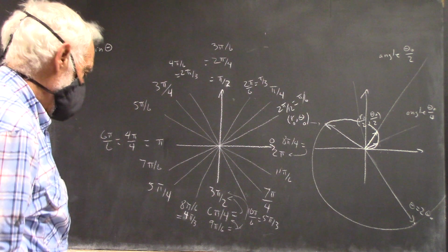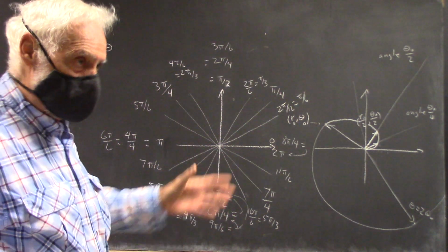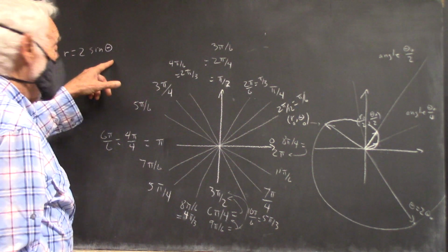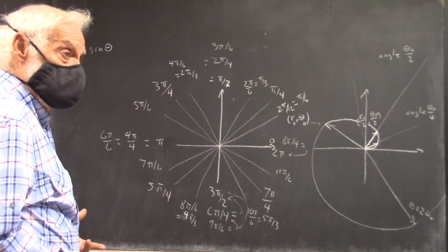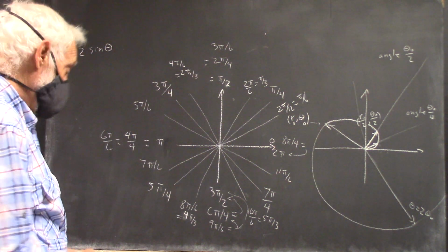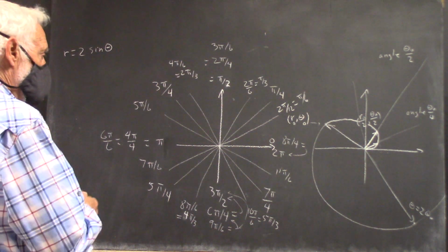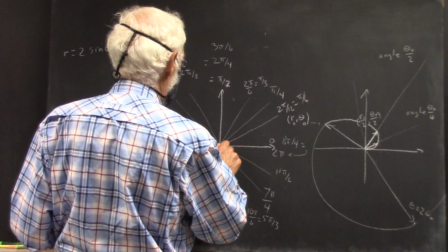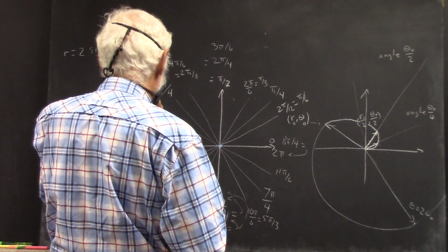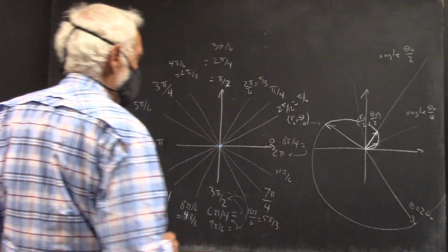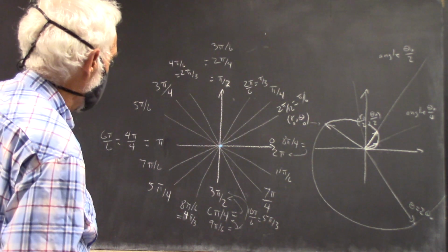Well, I don't have time to make a table and explain the calculations. If theta equals 0, you should know the sine function. If theta equals 0, the sine theta is 0. Okay? So we have the origin. Okay? And that's the point. Well, I'll label it in a minute. Okay.